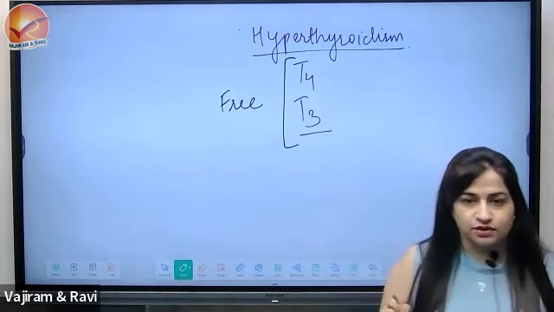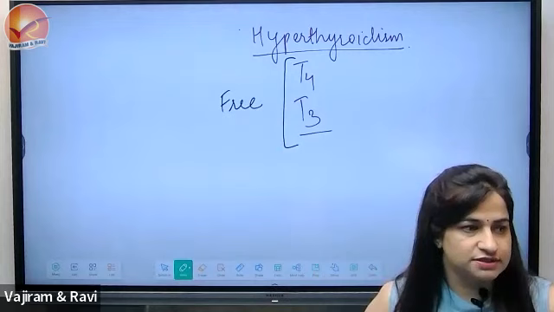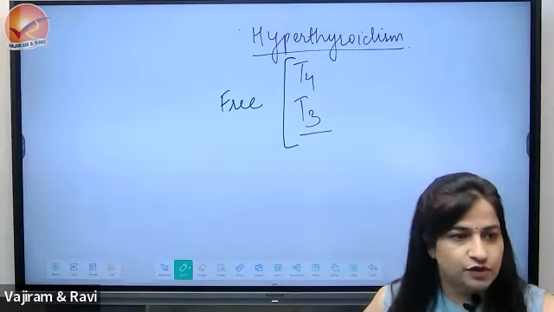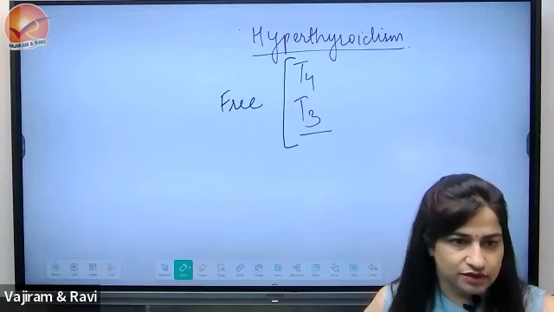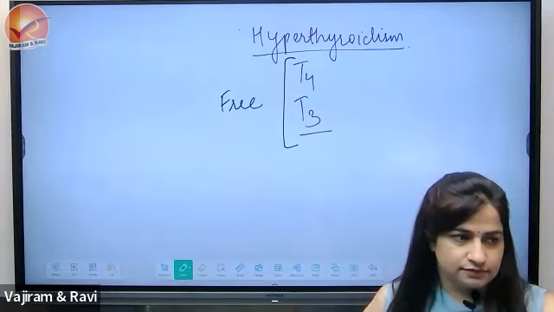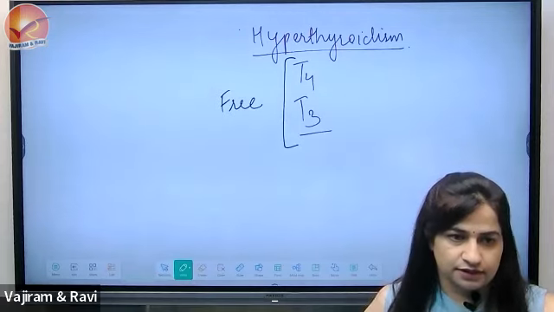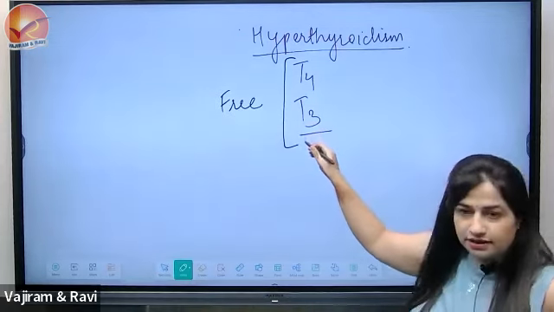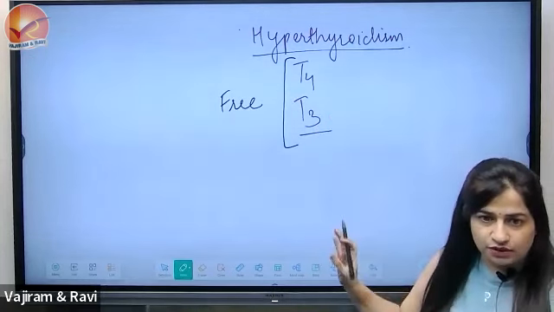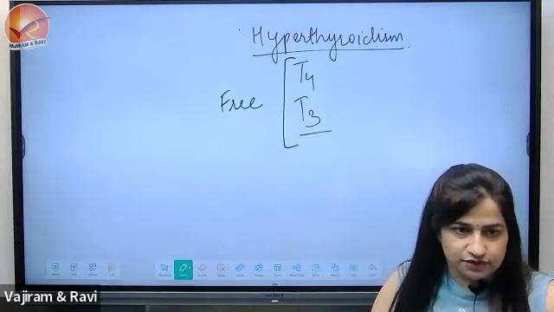Why are we stressing on the word free here, but we are not stressing it in hypothyroidism? We are not very concerned whatever the value is, but why here? It will lead to symptoms. Yes, it will lead to symptoms because these are the inactive form. T4 usually is an inactive form bound to the plasma proteins in the circulation.